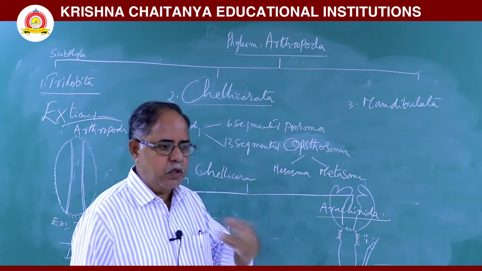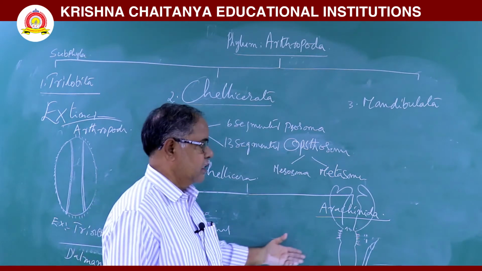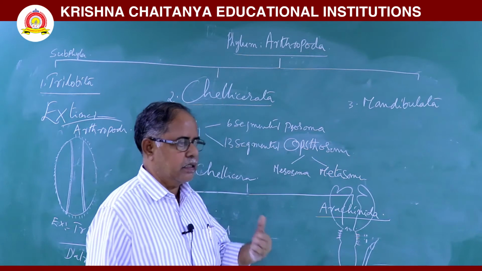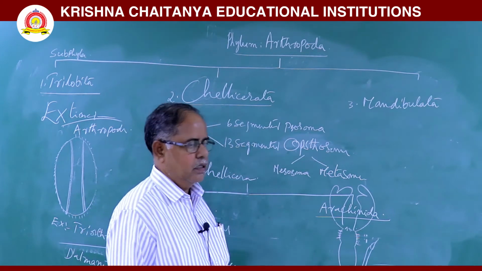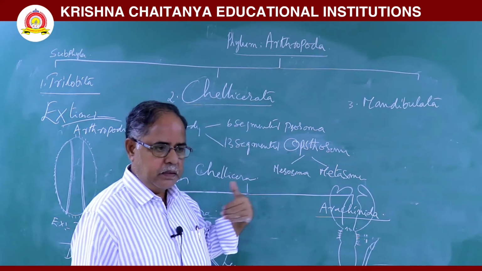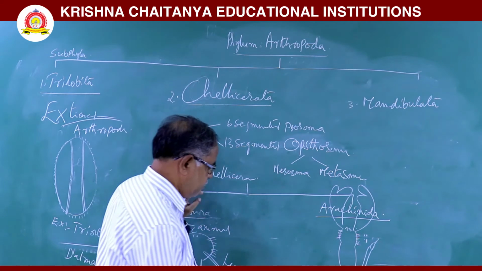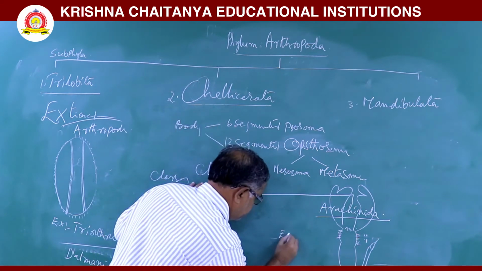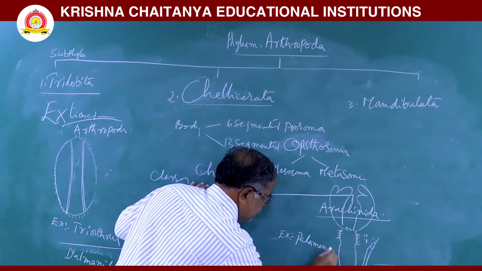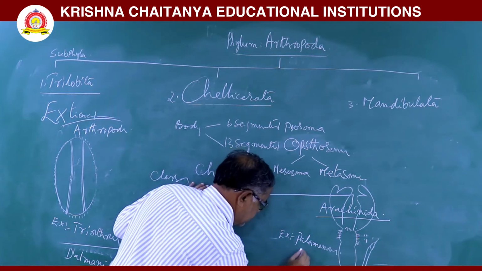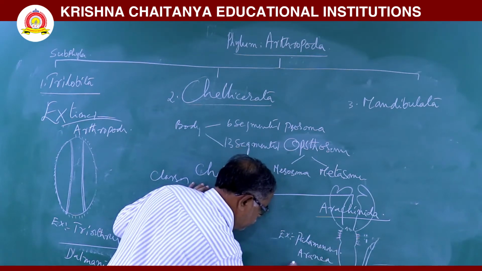In some, both book lungs and trachea work as respiratory organs. Excretory organs are Malpighian tubules and coxal glands. Scorpion is a viviparous animal. Example, Palamnaeus. Next, Araneae. Next, Sarcoptes.